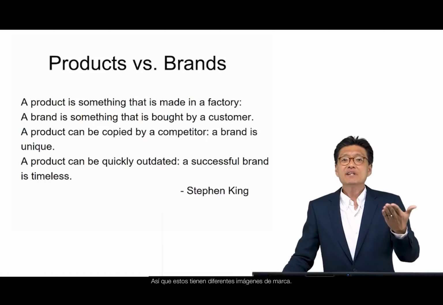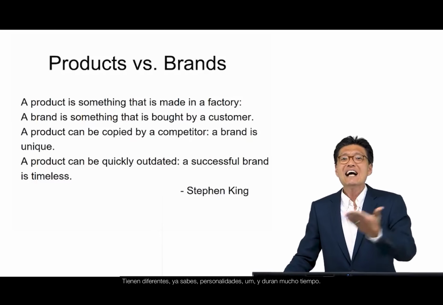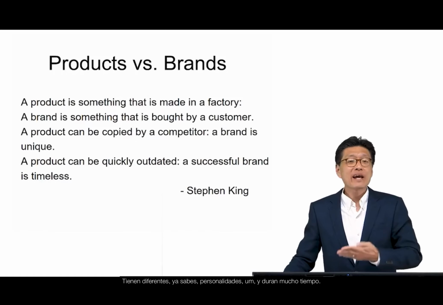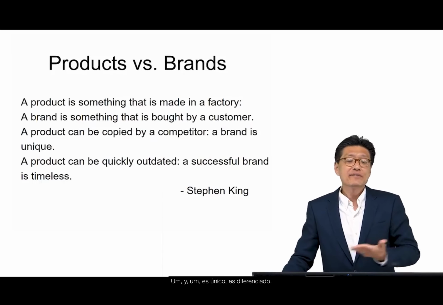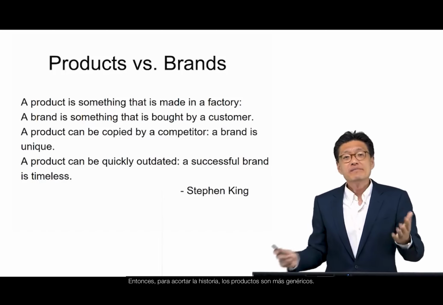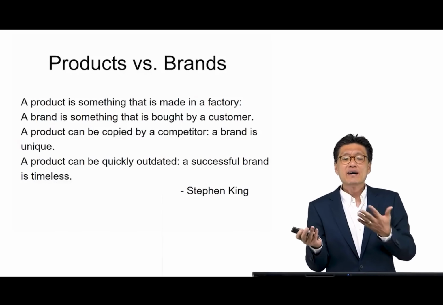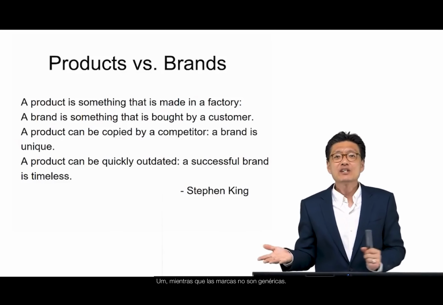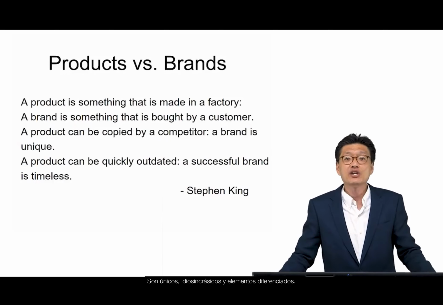So these have different brand images. They have different personalities, and they last a long time. Brands can last a long time, and it's unique. It's differentiated. So, to make a long story short, products are more generic. There's less differentiation, whereas brands are not generic. They're unique, idiosyncratic, differentiated items.